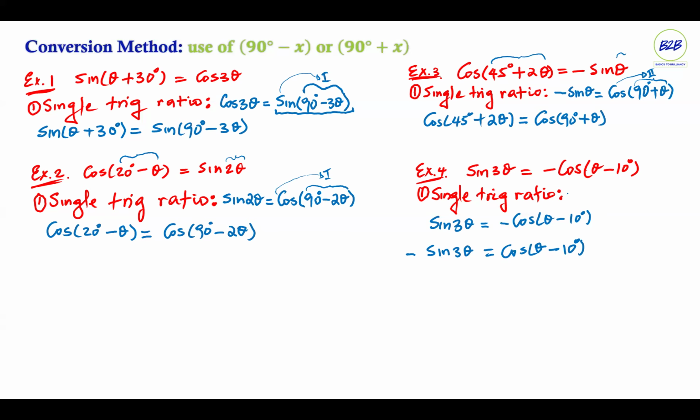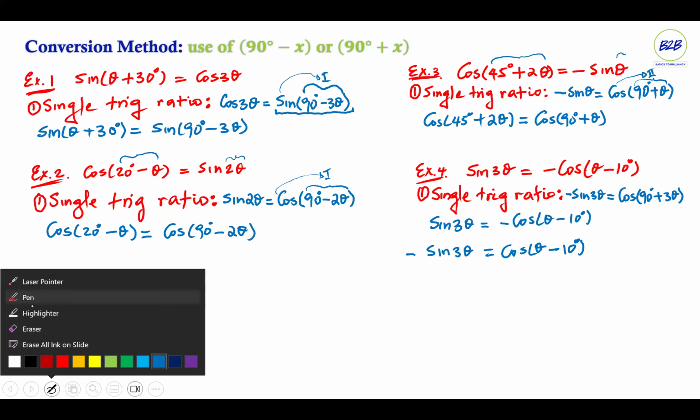We see that we have the negative sine of 3 theta. Then we go back to our question. Negative sine 3 theta, what was it? It was cos 90 plus 3 theta.